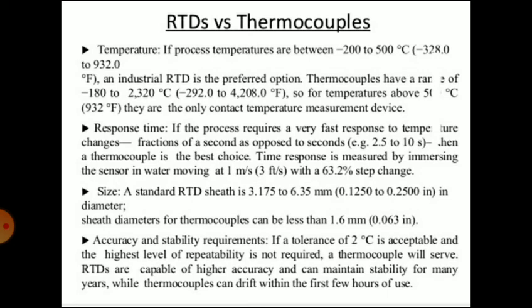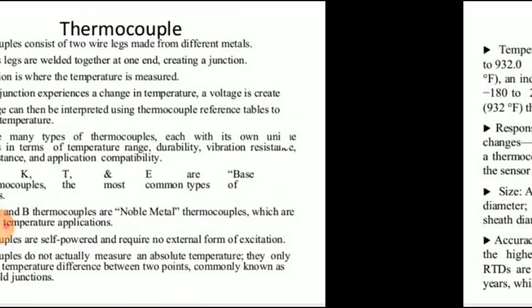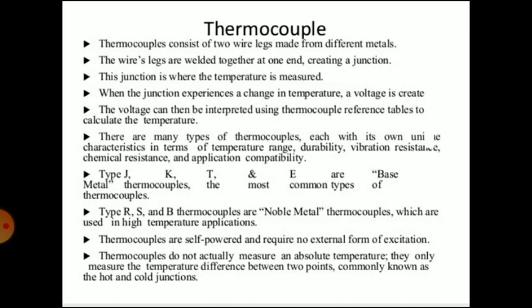This slide indicates the comparison of the RTD and thermocouples, regarding the temperature range, response time, size, and accuracy and stability requirements. Now the next element that we will study is the thermocouples.